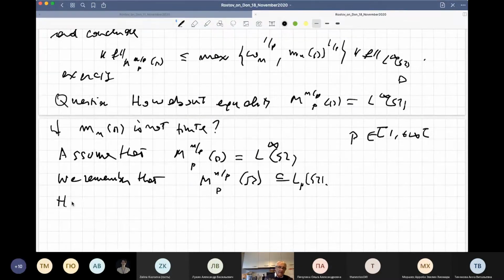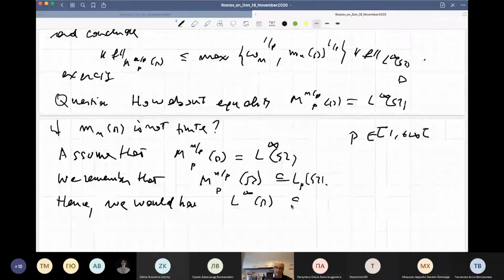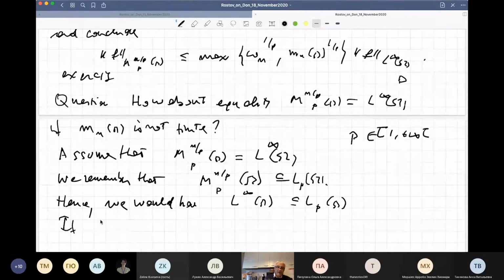Then, hence, if this Morrey is infinity, since we know that the Morrey is in LP, is L infinity omega contained in LP omega, right?